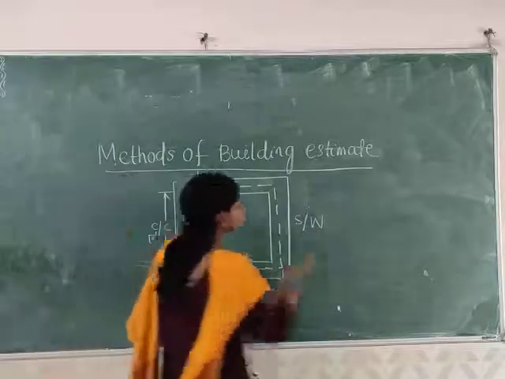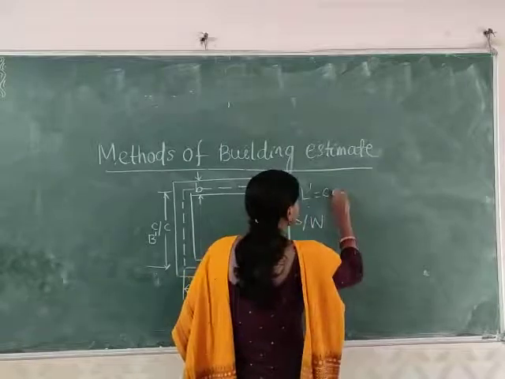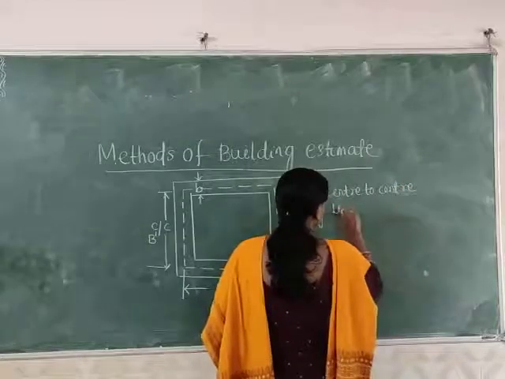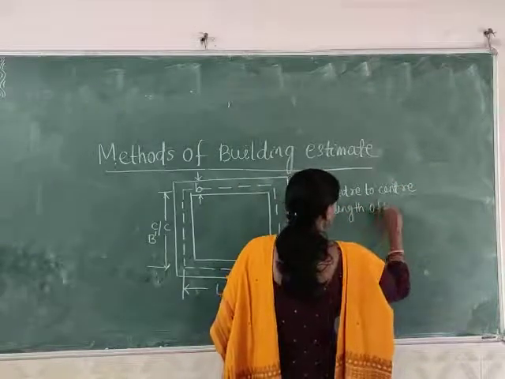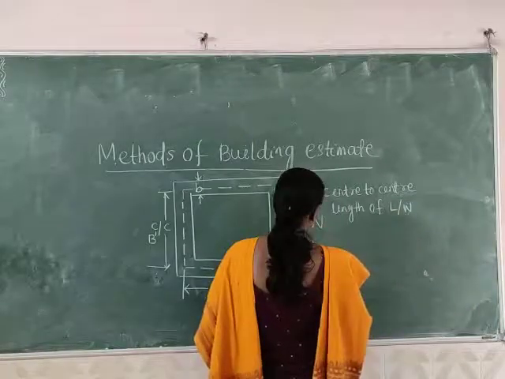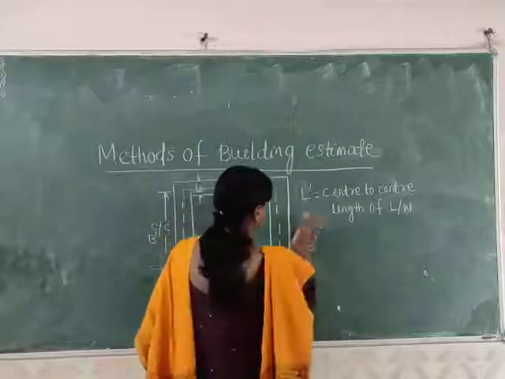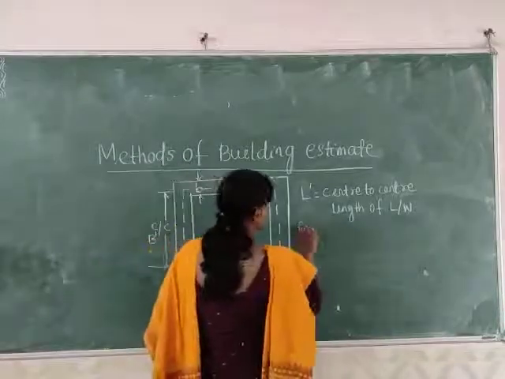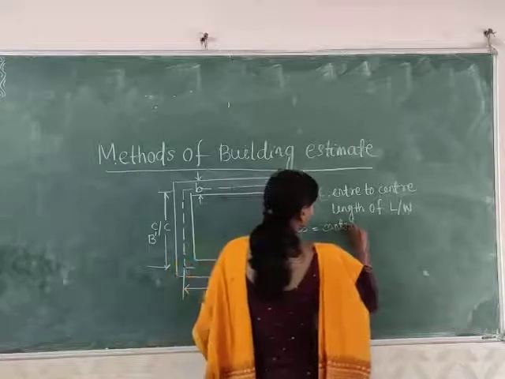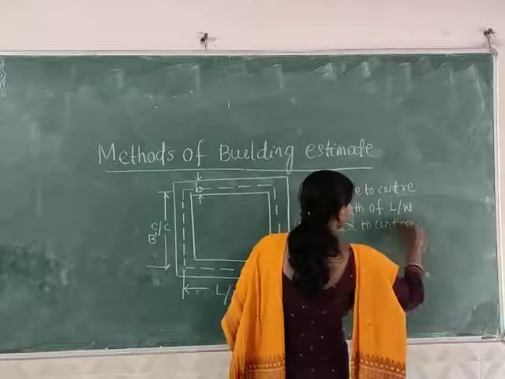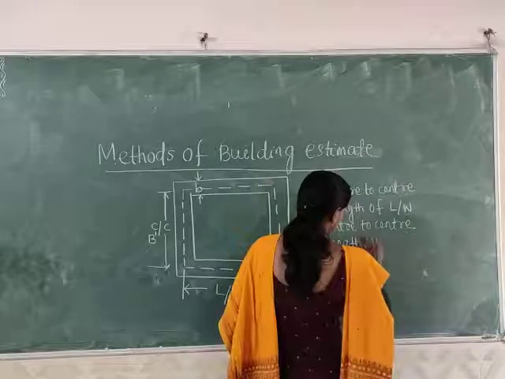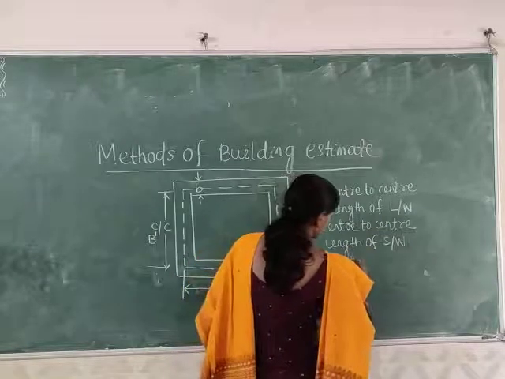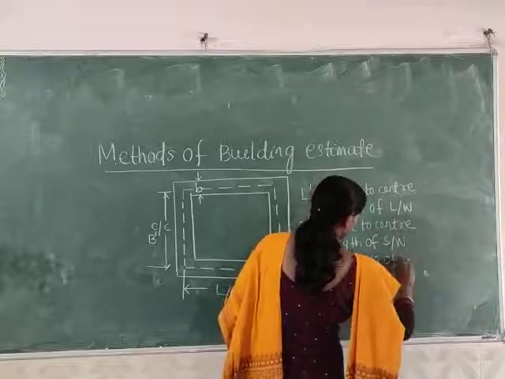So, we can write it here: L dash is the center to center length of long wall, B dash is the center to center length of short wall, and small b is the thickness of wall.